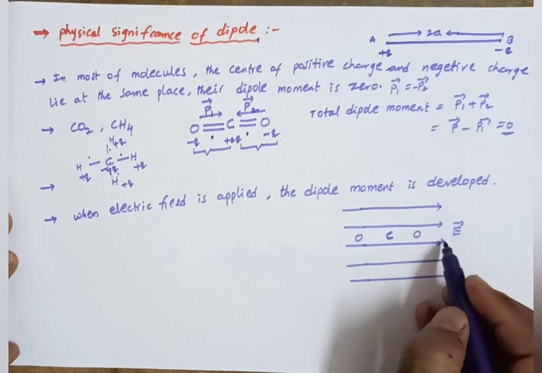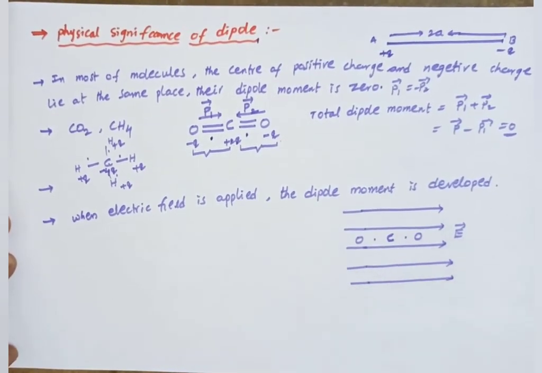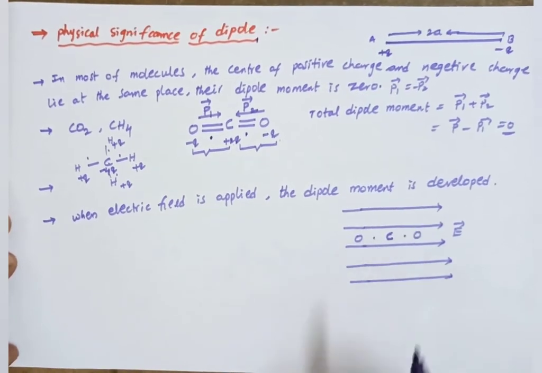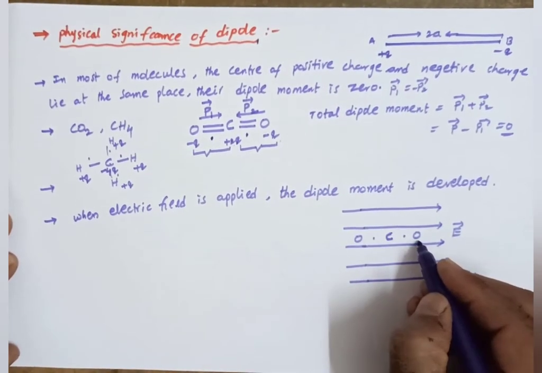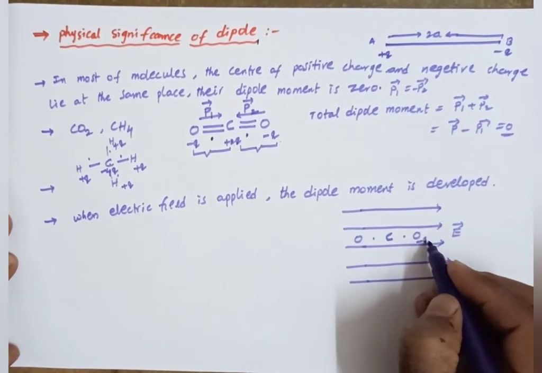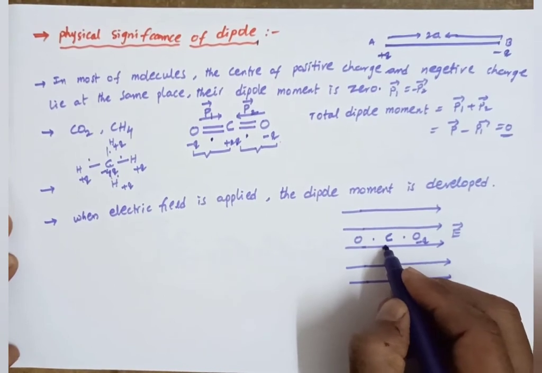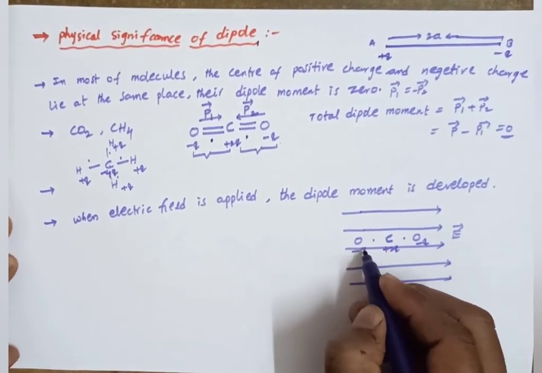Before the electric field is applied, the center is here and the center of mass is here. It is negative and it is plus 2q, it is minus q.